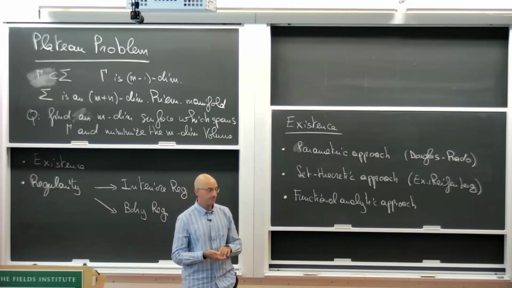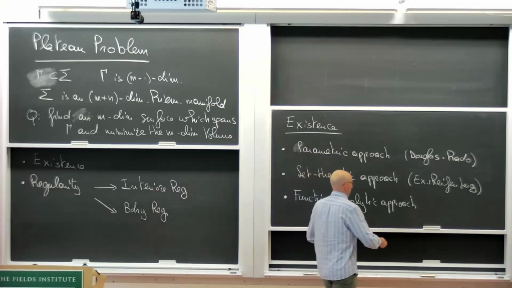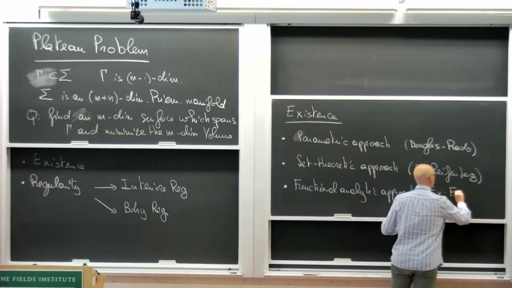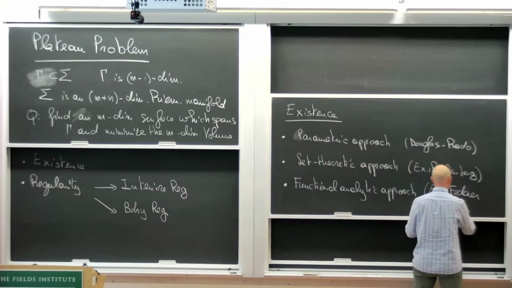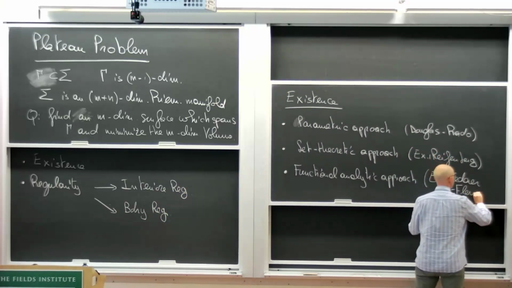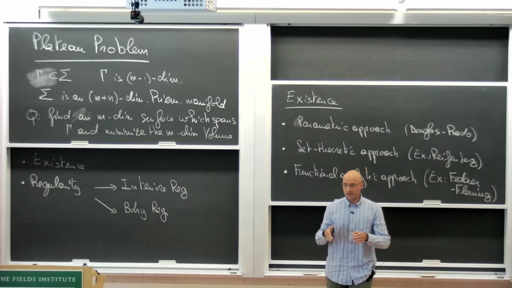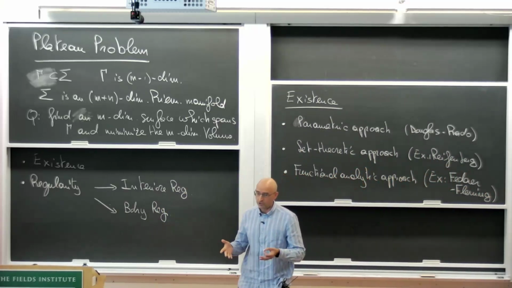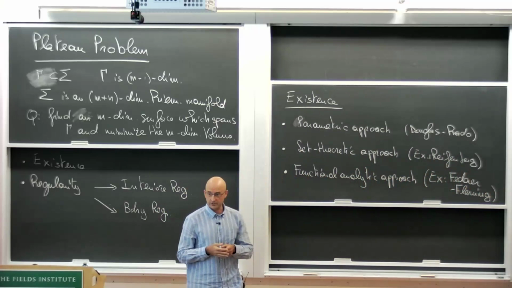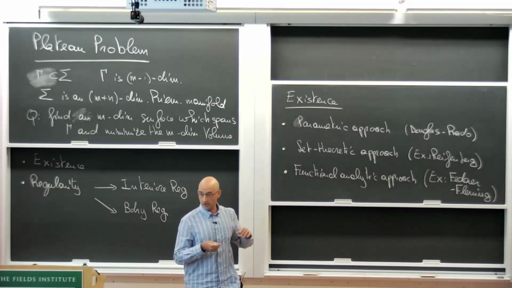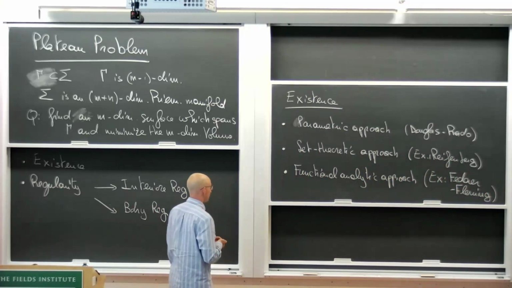Okay, an example of this is the Federer and Fleming approach, which was already mentioned by Rick, which gives you integral currents and allows you, for instance, to recover integral homology of manifolds using this theory, and in every homology class you have a minimizer in this functional analytic setting.